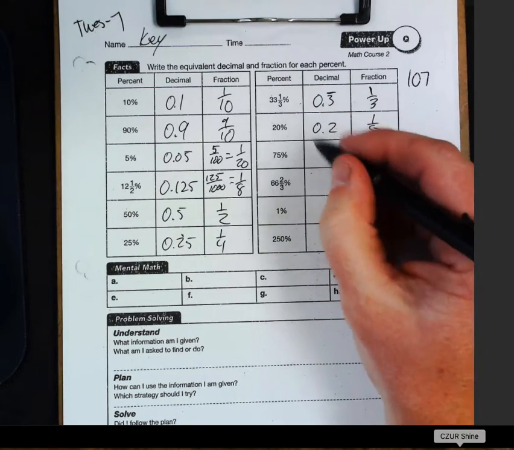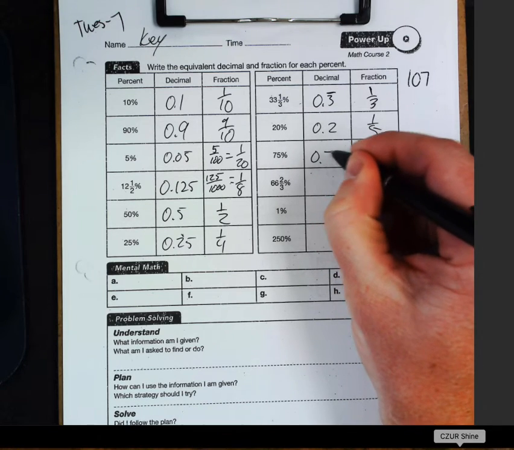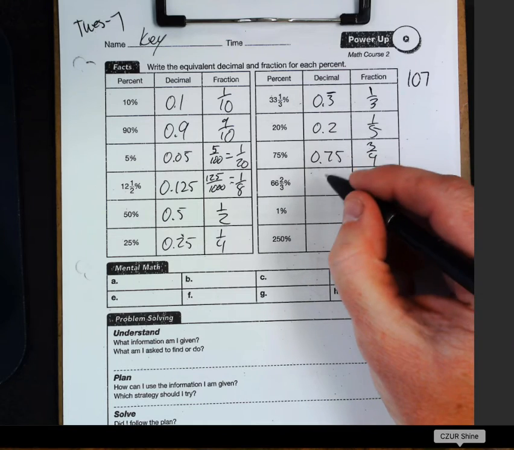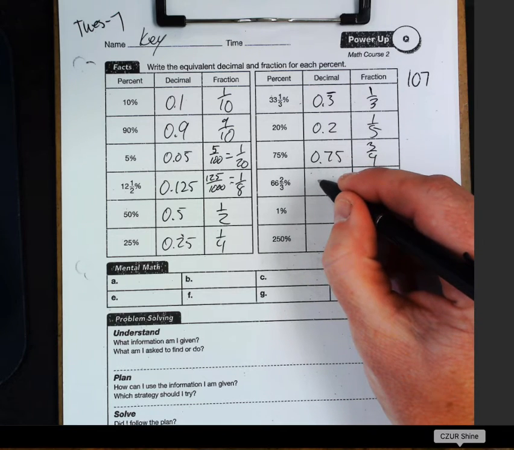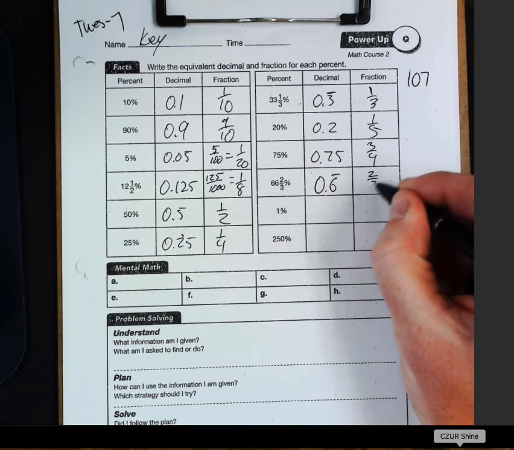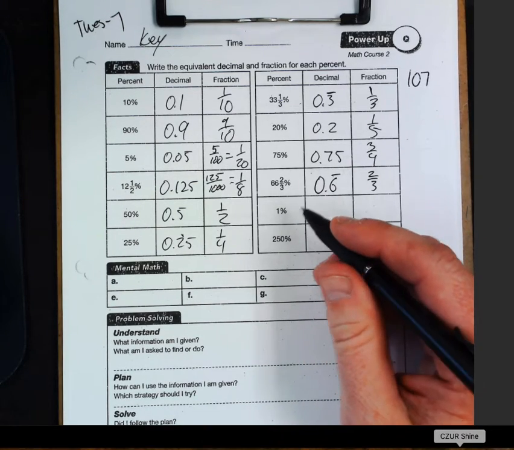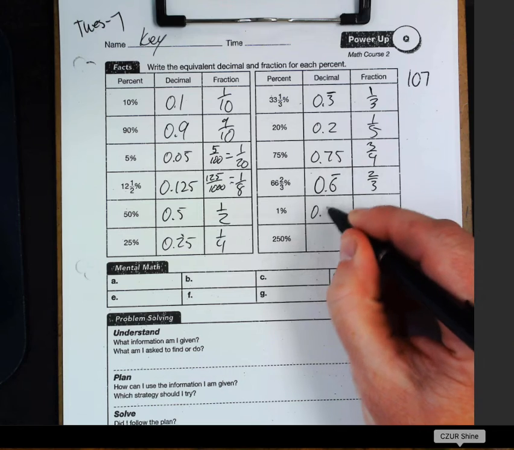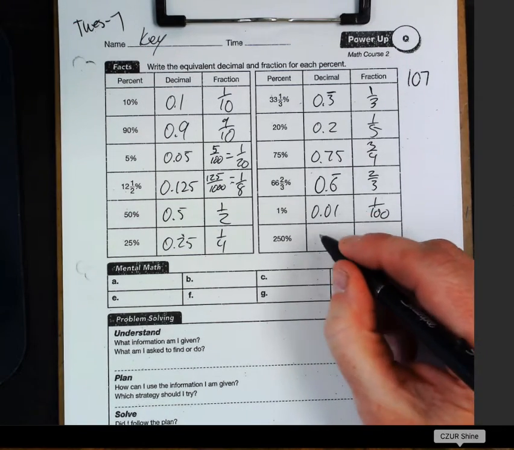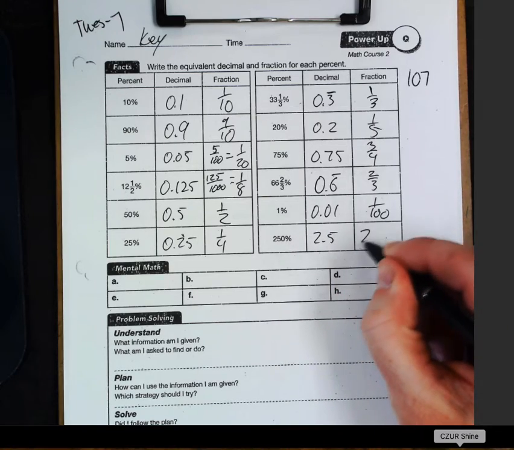Next. Q. 0.75. Next. Kendall. Second to last. Nyla. 0.01 and 1/100. Last. Jaden. 2.5 and 2 1/2.